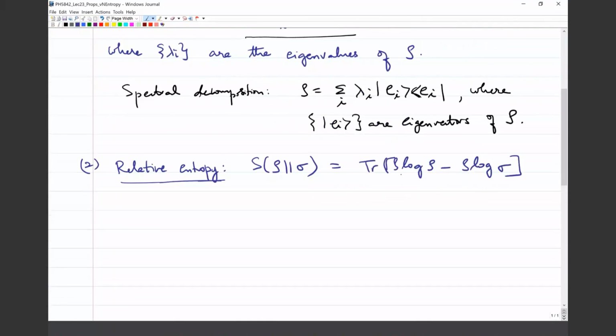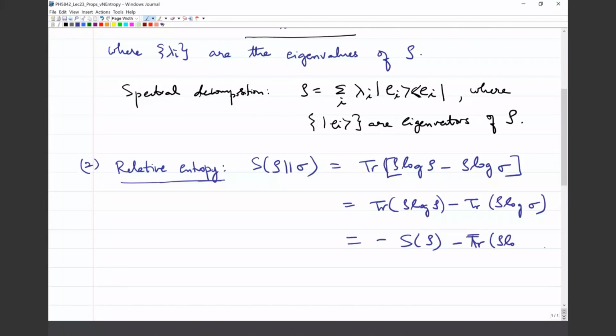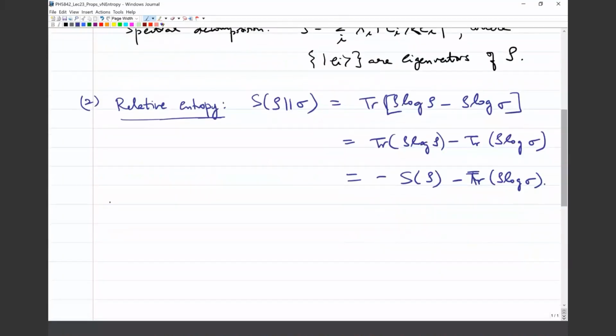But if you want to write it as two separate terms, you can write this as trace rho log rho minus trace rho log sigma, and this is the same as minus the von Neumann entropy of rho minus trace rho log sigma, right? And what we proved yesterday is so-called Klein's theorem.